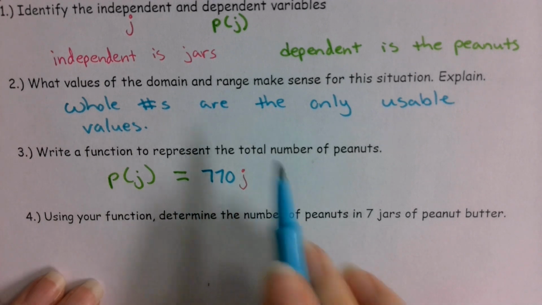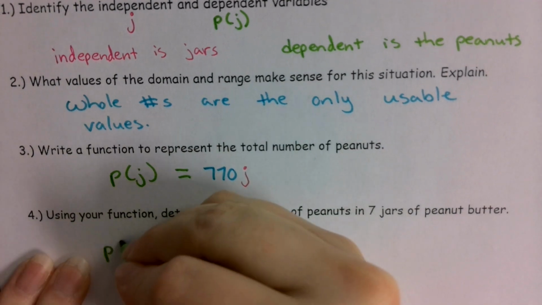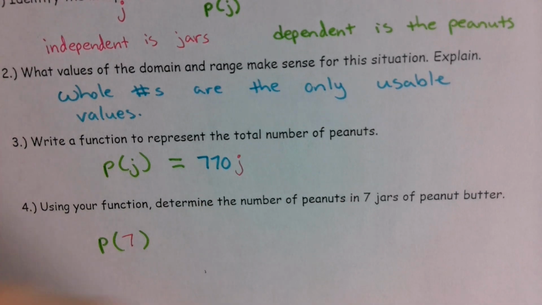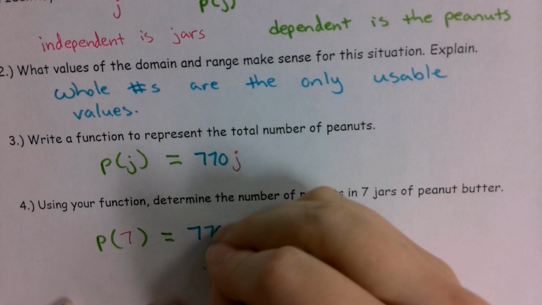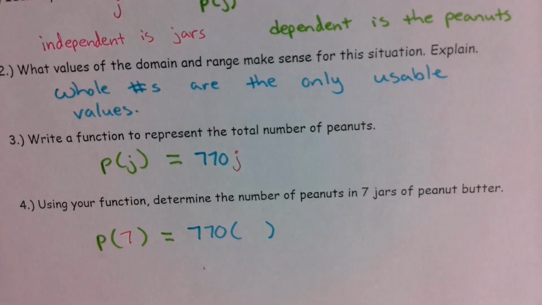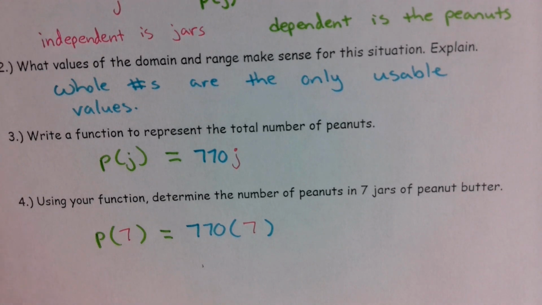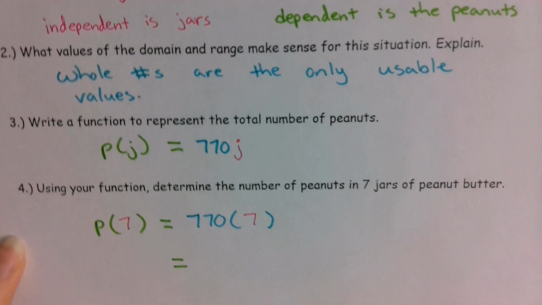So using this function, how many peanuts will we need if there are 7 jars of peanut butter? So instead of P of J, it's going to be P of 7, a function of 7, which will equal 770 times 7. So what's 770 times 7? Go ahead and do that.